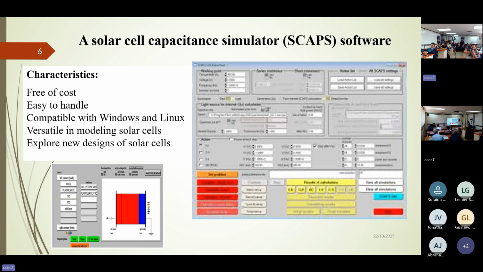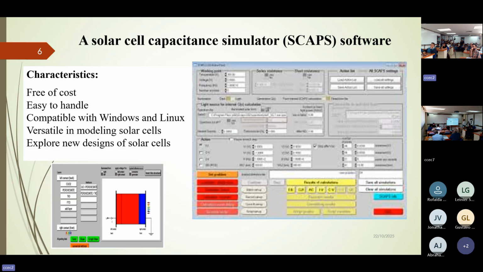Once you click here, you will get this display, where you can include 7 layers, and after clicking here you can introduce the battery parameters, like the properties and everything. You can see in this caption that it is freely available online and compatible with Windows and Linux, and versatile in modeling solar cells, as I mentioned earlier, so you can explore new designs of solar cells.